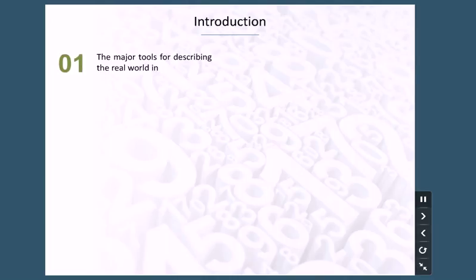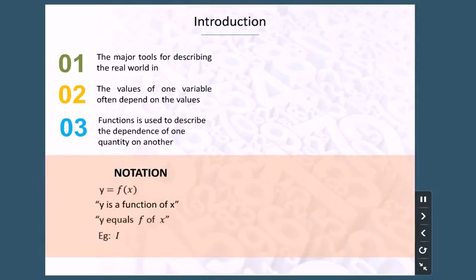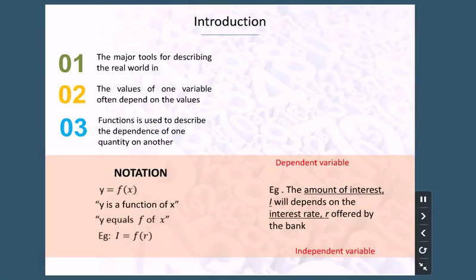Introduction. The major tools for describing the real world are functions. The values of one variable often depend on the values of another. Functions are used to describe the dependence of one quantity on another.